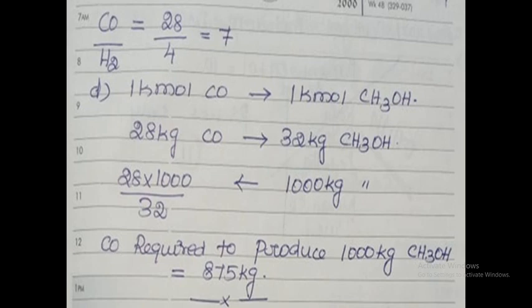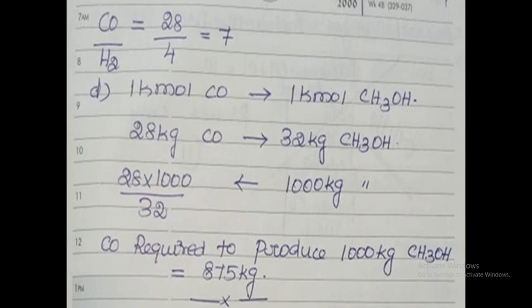Last part, CO required to produce 1000 kg of CH3OH. So how much quantity of CO is required to produce 1000 kg of methanol. So as per the reaction, 1 kilomole of CO produces 1 kilomole of methanol. But we don't want the mole basis. So we want in terms of weight basis.